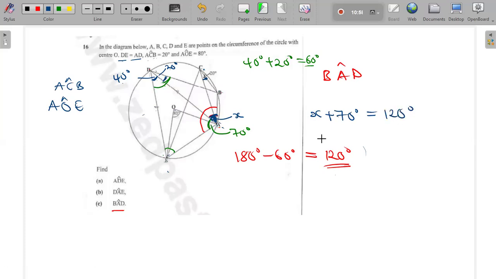So x is equal to 120 minus 70, which gives you 50 degrees. So your answer here, BAD, is just 50 degrees. Okay, so that's how we solve that question.